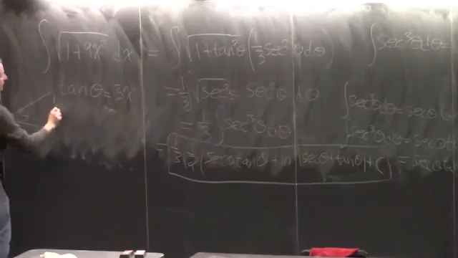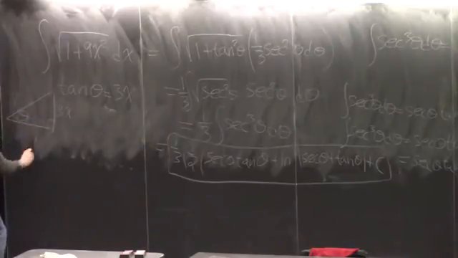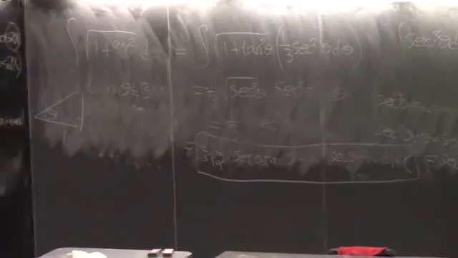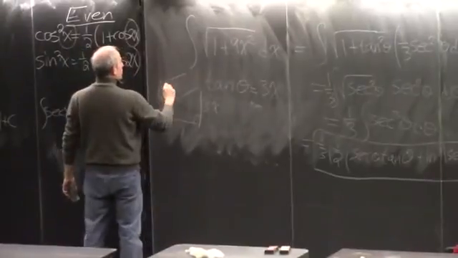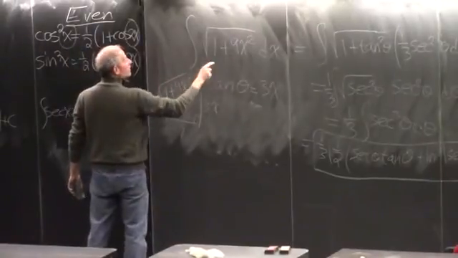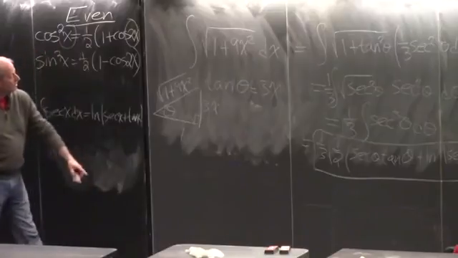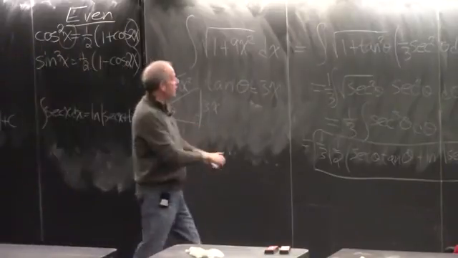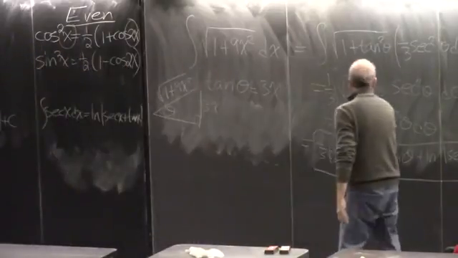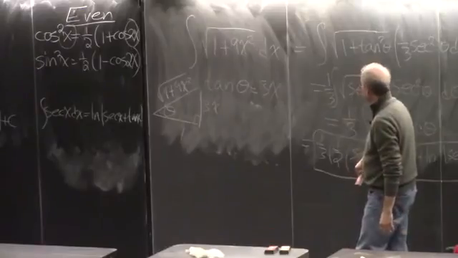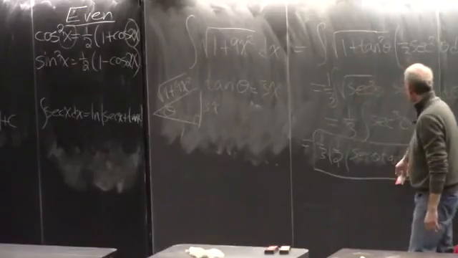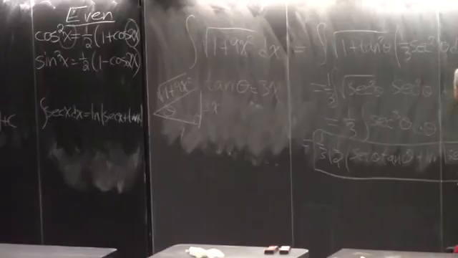The tangent of theta, you could say this is 3x, and that's 1. So the hypotenuse is the square root of 1 plus 9x squared. So wherever you have secant theta, you can substitute square root of 1 plus 9x squared. For tan theta, you can put in 3x.